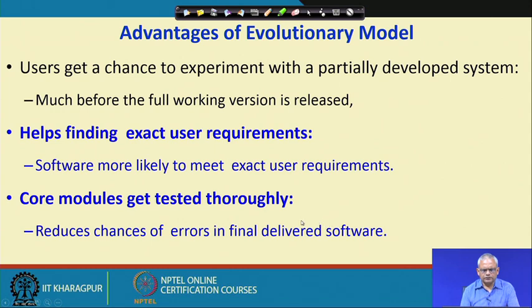And also, since the modules are deployed and used at the customer site, any defects are noticed and reported. So, the core modules are used for a long time and all defects must have been detected, and therefore, the final delivered software is much more reliable than would be the case in the waterfall model.